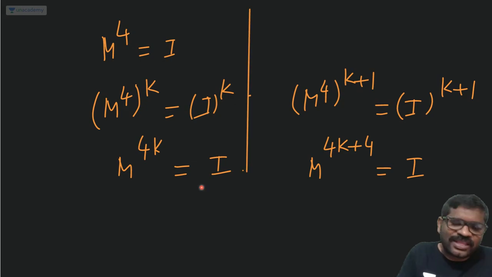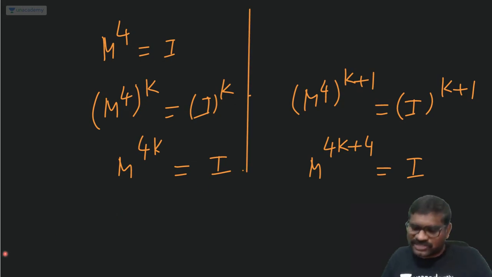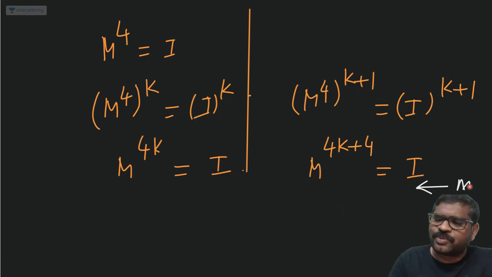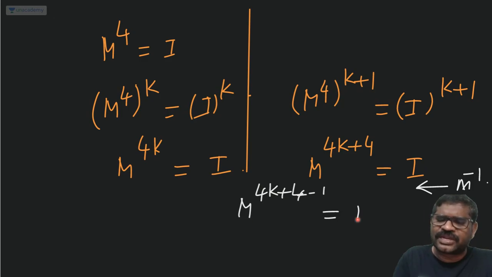Now I require M inverse. That's why I am going to multiply this equation on both sides with M inverse. Now M power 4k plus 4 minus 1 equal to I into M inverse.